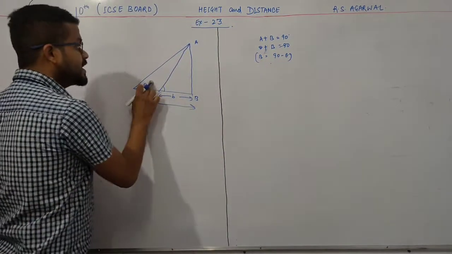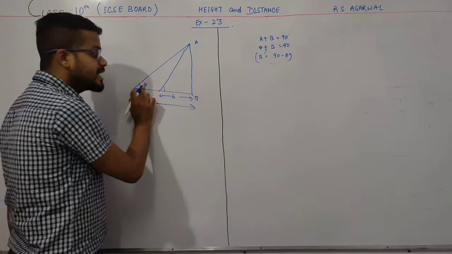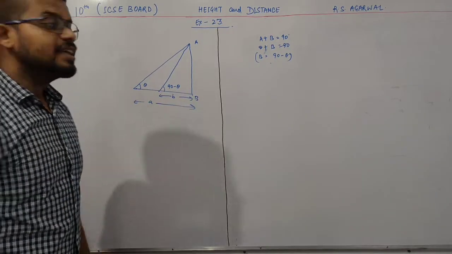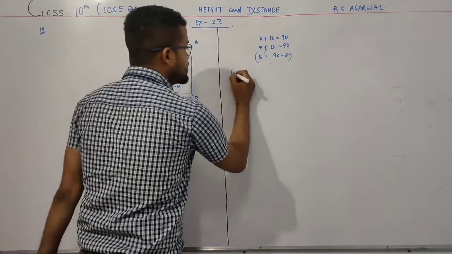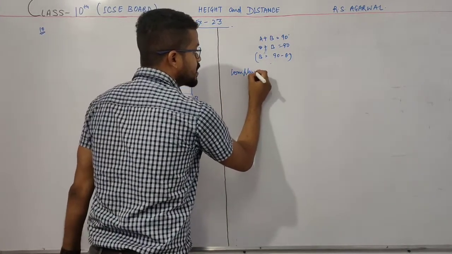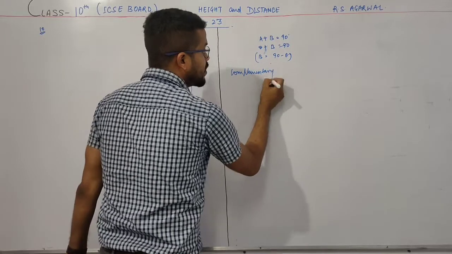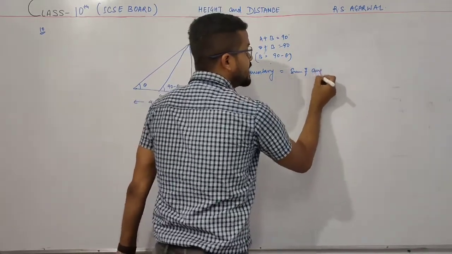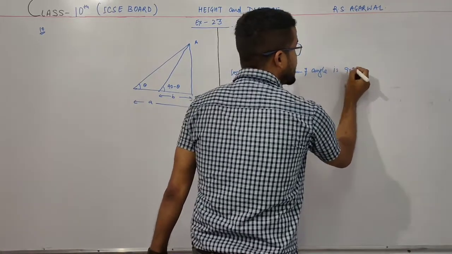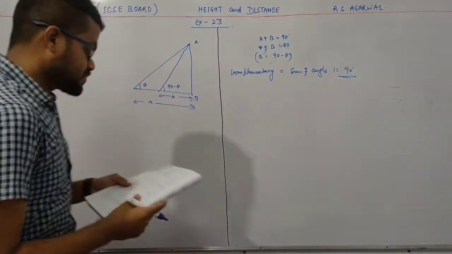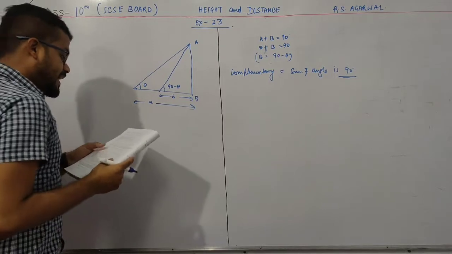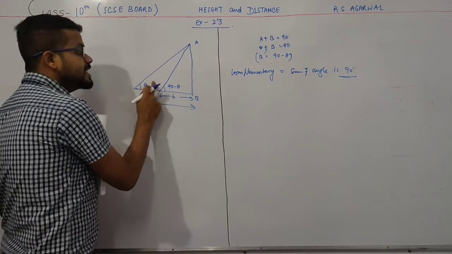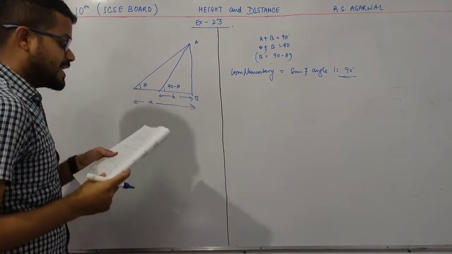Similarly here, if I take this as theta, this angle is automatically 90 minus theta. Complementary angle means the sum of the angles is 90 degree. Remember this point. So this angle is theta, and now this angle will become 90 minus theta.